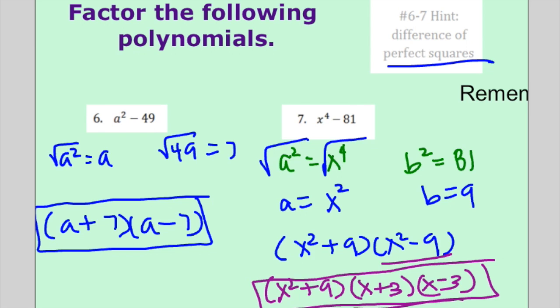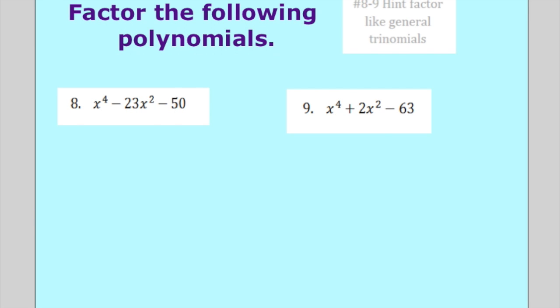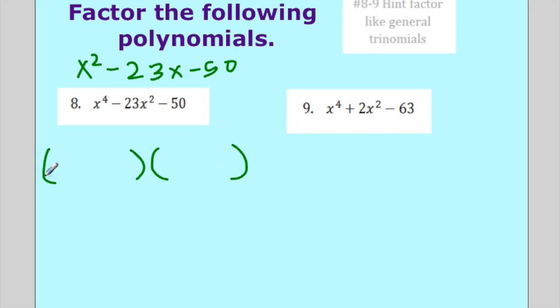Moving on to 8 and 9. Okay. I have x to the fourth, x squared, and then we have just a constant or a number. These can be solved very similarly to x squared minus 23x minus 50. The only difference is before my front had to multiply to x squared. Now we need to multiply to x to the fourth.